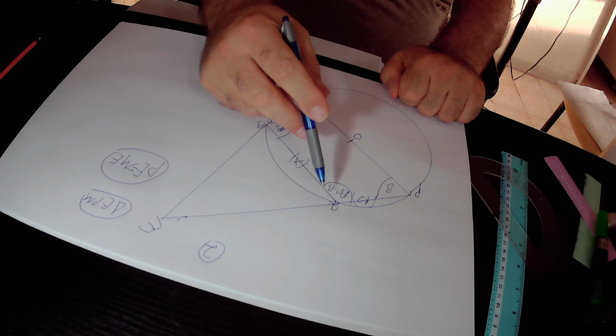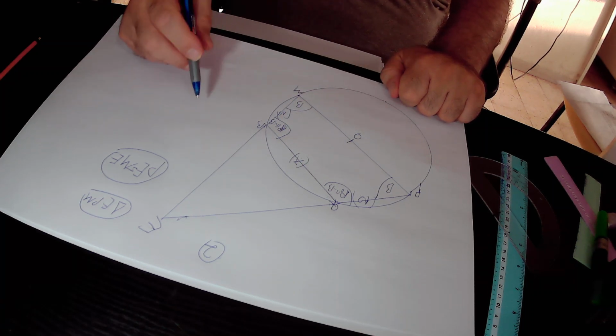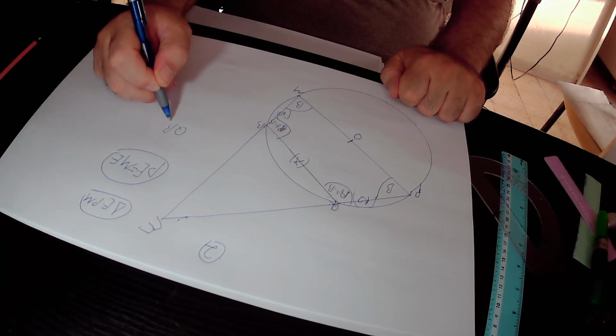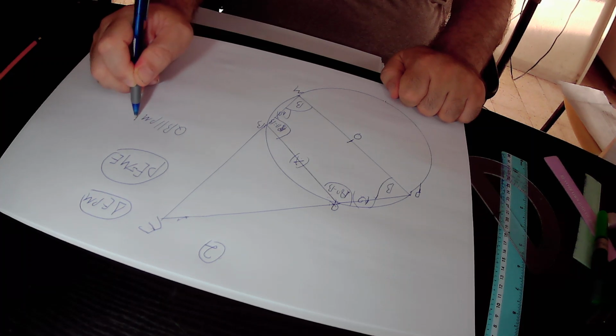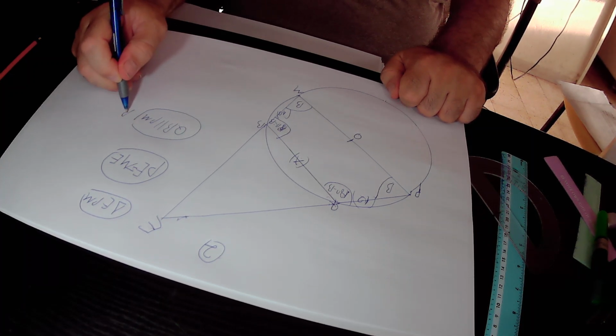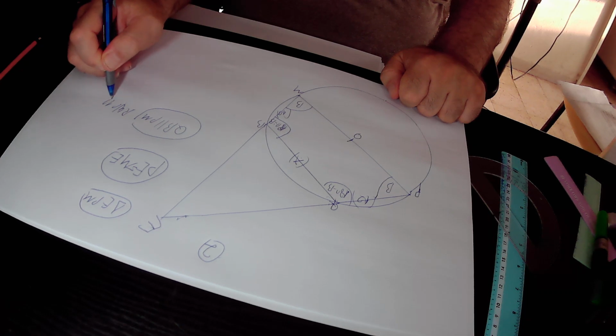Therefore QB is parallel to PM according to rule 18. So I'll repeat quickly on rule 18.